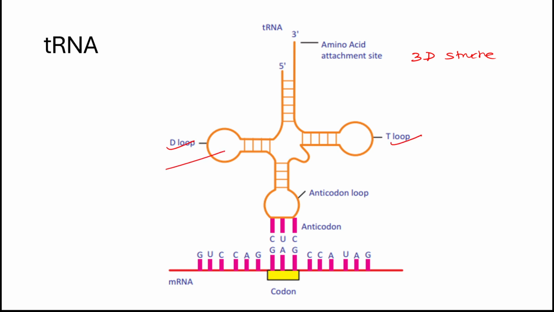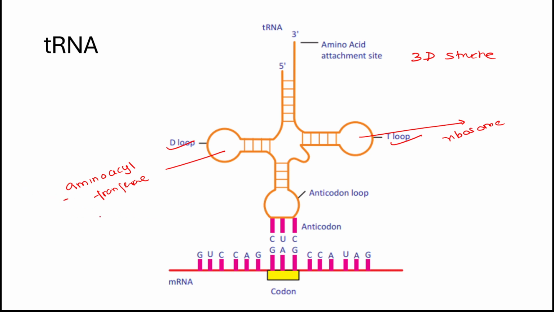The D loop usually binds to a certain enzyme which is known as aminoacyl transferase, and the T loop has the ability to bind to the ribosome. Again, an important location, because the translation takes place at this specific unit. And then there's the anticodon loop.